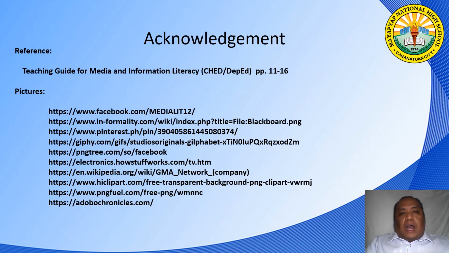So this is our reference for the information that I have imparted to you, and also the links where you can find the pictures that I used during this session.